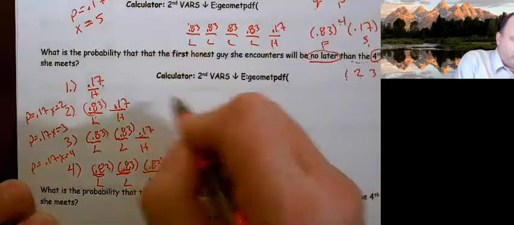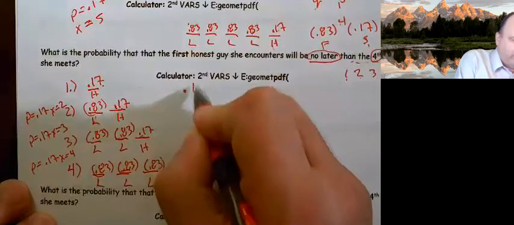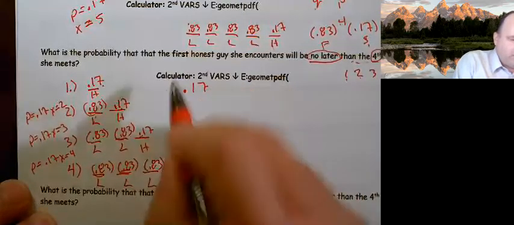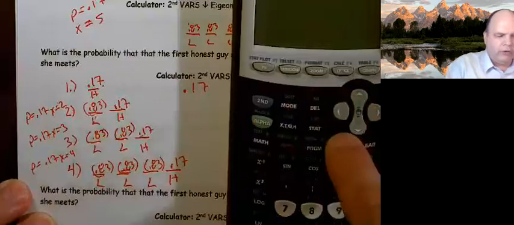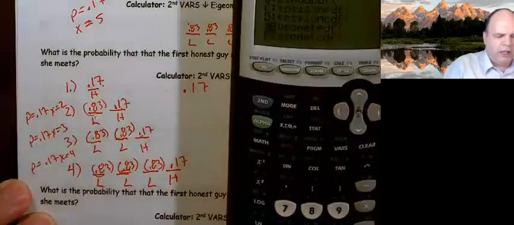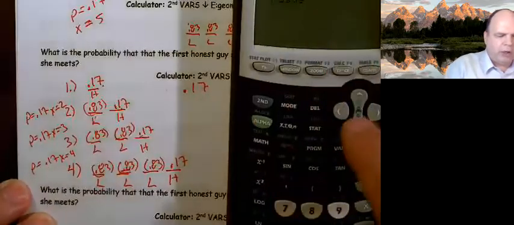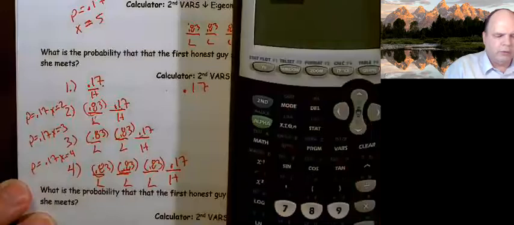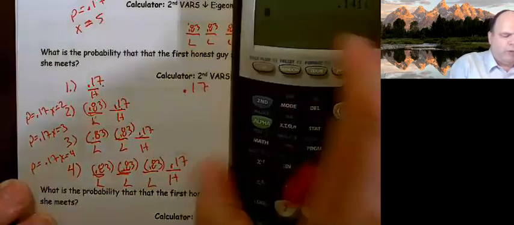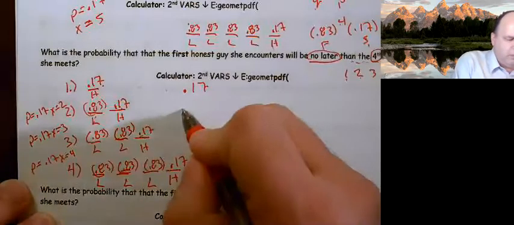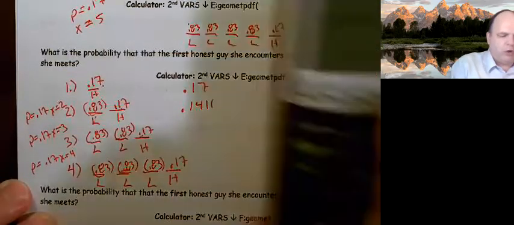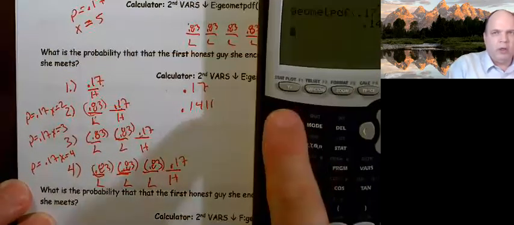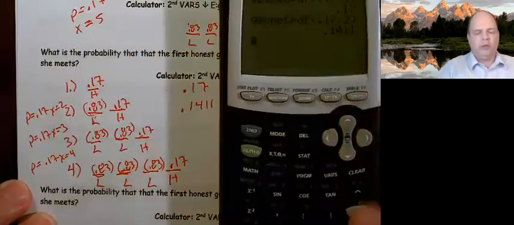Well, we already knew that that was going to be 0.17, so this is the first one. Then we have the second one, 2nd Vars, geometric PDF, 0.17, but our X value is now 2. This is 0.1411. And hang with me, I'm going to show you a shortcut to this in a moment. I really am. You just got to hang with me here.